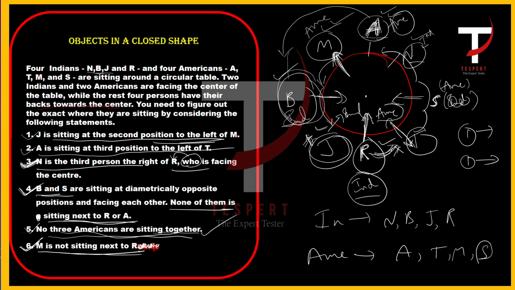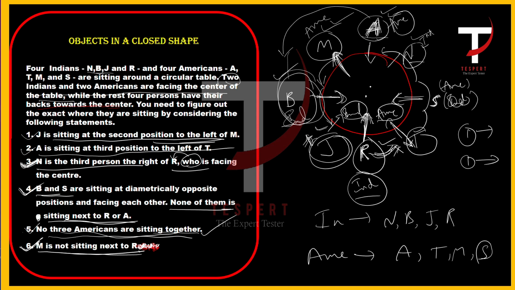See, why we have taken T as American and J as Indian is that it is given that 2 Indians and 2 Americans are facing the center of the table. Here already we have 2 Indians, B and R, facing the center of the table, and 2 Americans facing the center: S is facing the center and A is also facing the center, right?